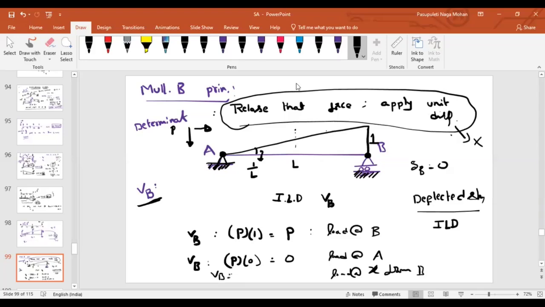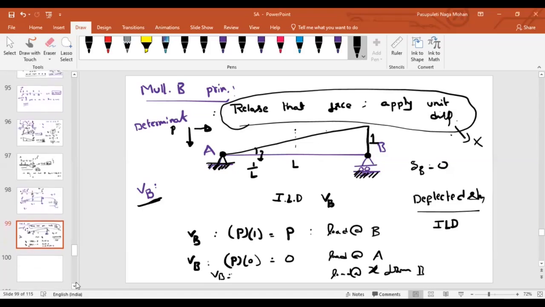Is it right? If the load is at X from B, what is the reaction at B? I have given you the slope. X by L. P into X by L, right?